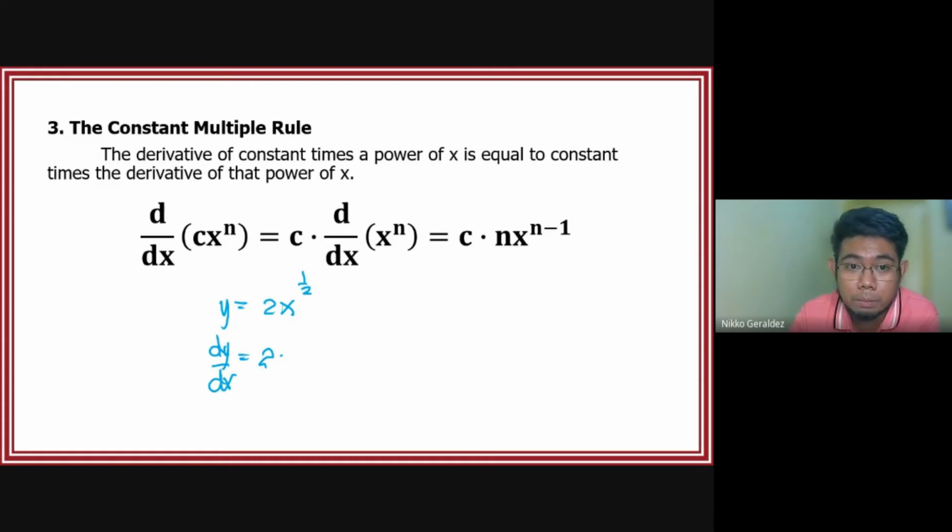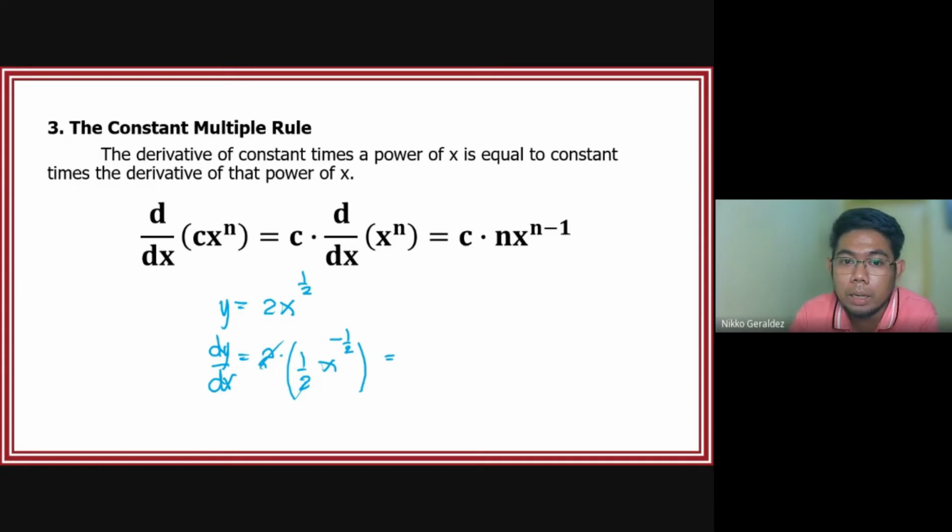So the derivative of x raised to 1 half is 1 half times x raised to negative 1 half. Then 2 times 1 half is 1.